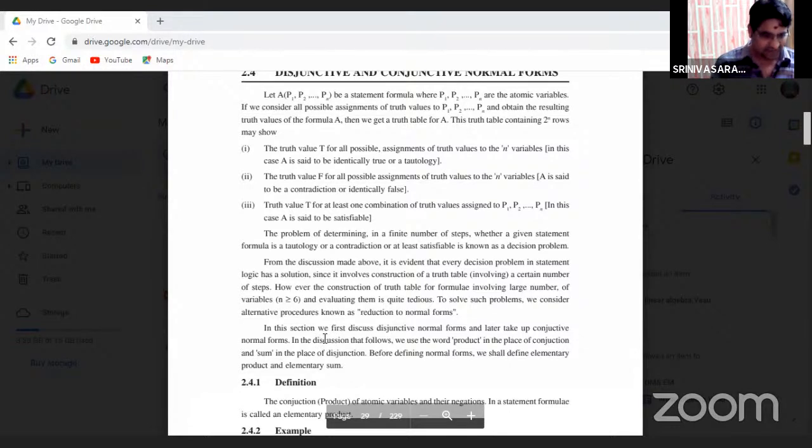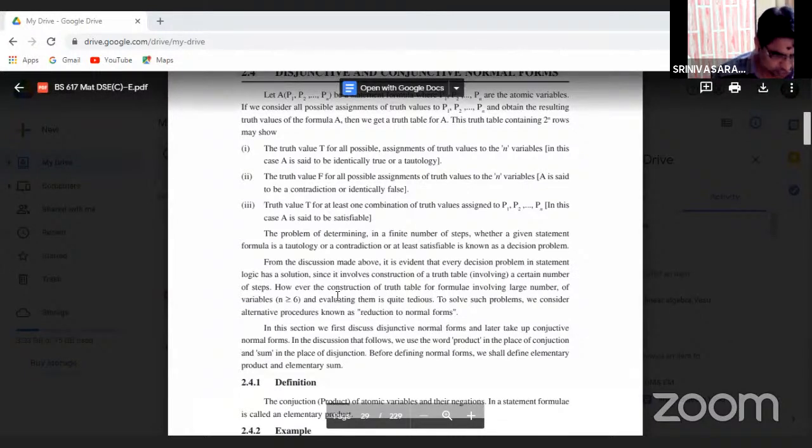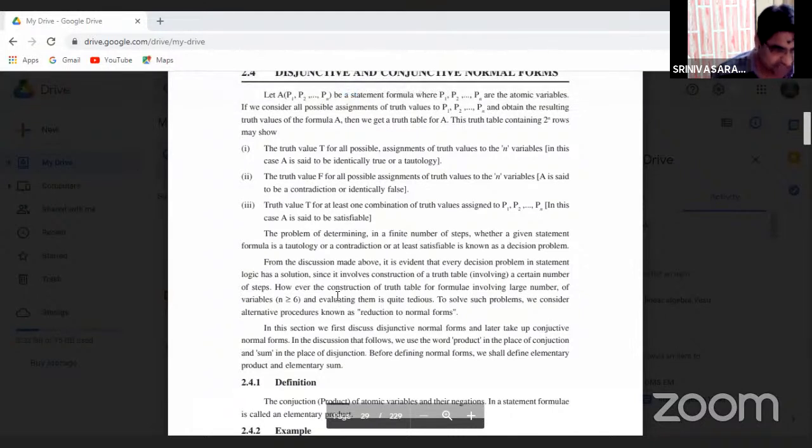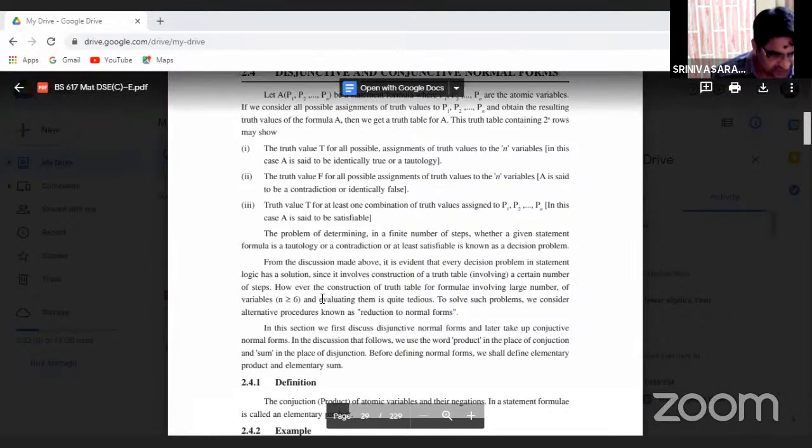What is reduction to normal form? Every decision problem in statement logic has a solution, and it involves construction of a truth table, a certain number of steps.